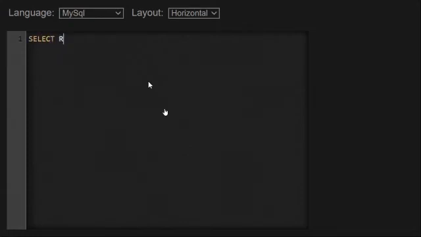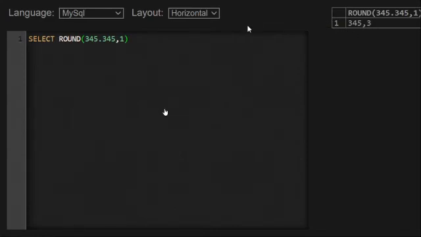Next we practice this round function in the same online SQL. We write select round(345.345, 1), then it rounds the number to 1 decimal place, 345.3.